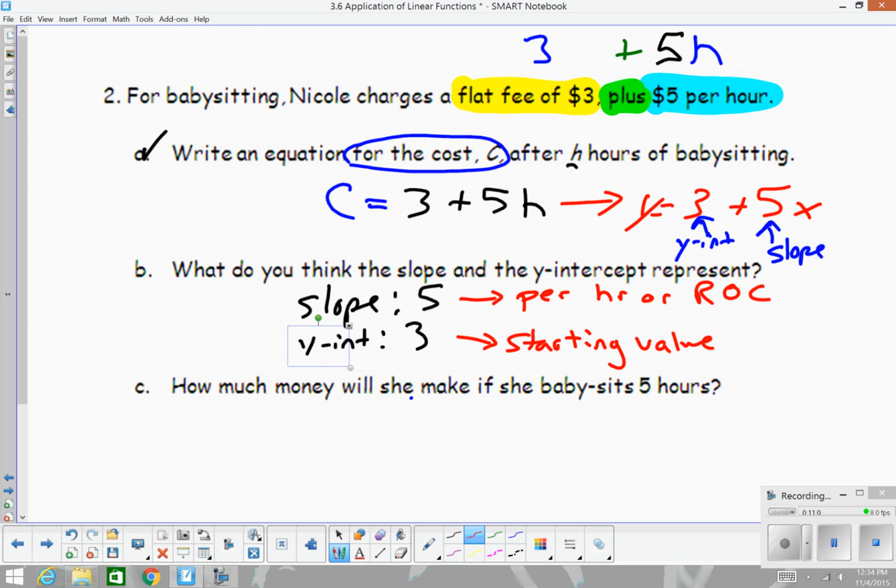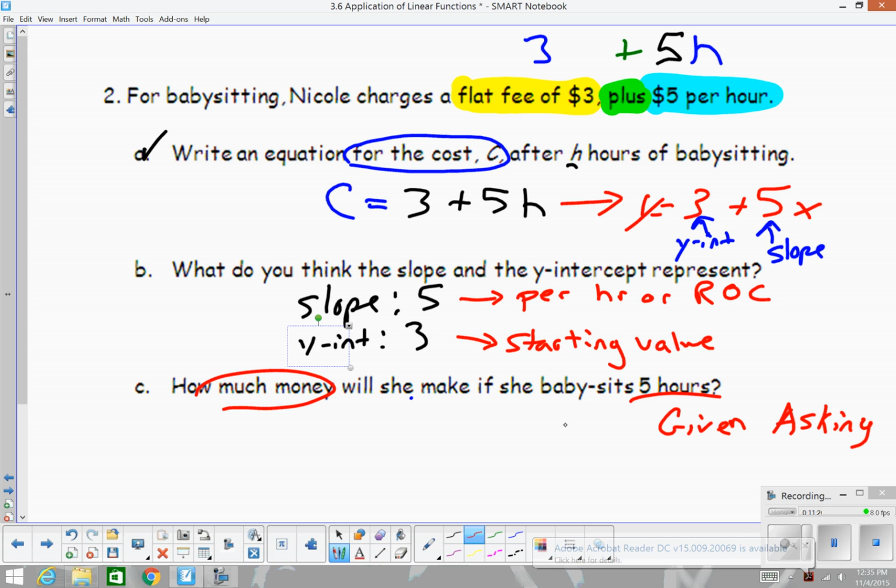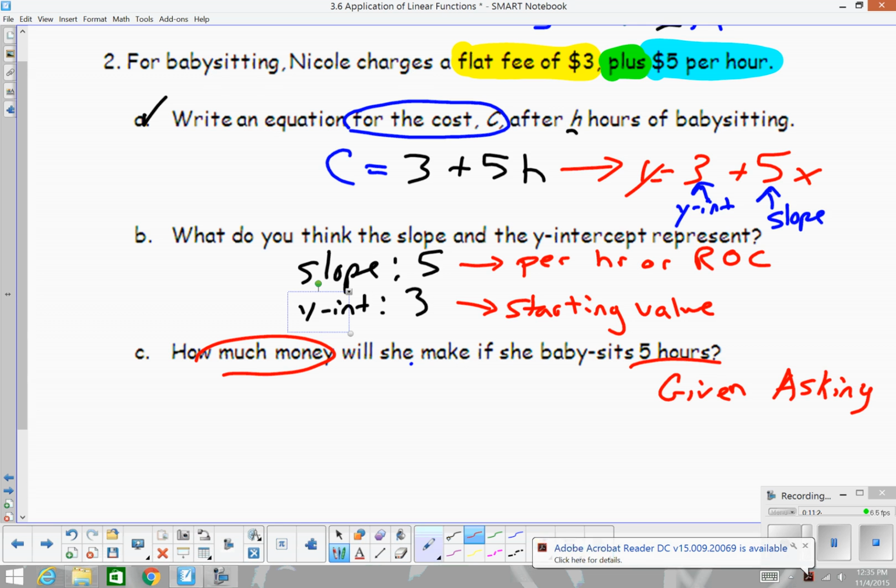Okay, good. Now, I want you to go ahead and try to solve for C. What is it asking? What is it given? How much money will she make if she babysits for 5 hours? That's what's given: 5 hours.